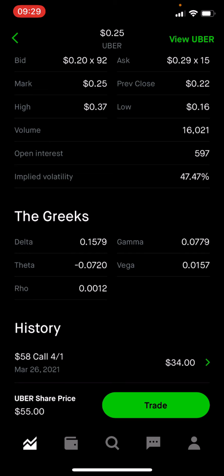You usually multiply these numbers by 100 to get an accurate number. So you multiply this negative 0.072 by 100 to get how much you will lose per day. This also gets affected by a lot of things, but that's one of the most important ones I want you to know. And then the delta is usually the movement in relation to the stock price. If the stock moves by $1, this will move by that fraction multiplied by 100.